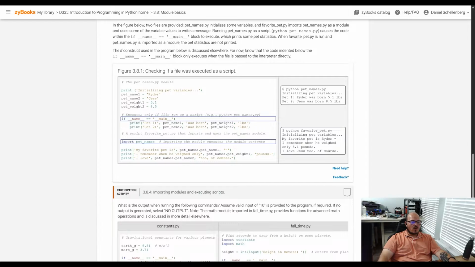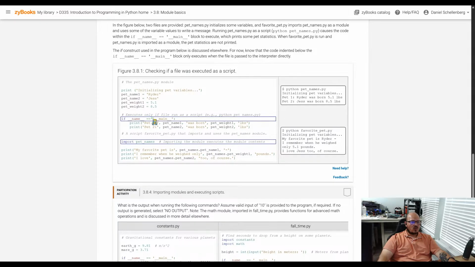So import pet_names. Pet1 pet name was born. Pet1 pet name. Okay. Importing a module executes the whole contents.